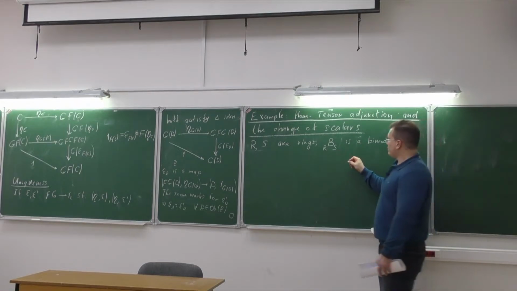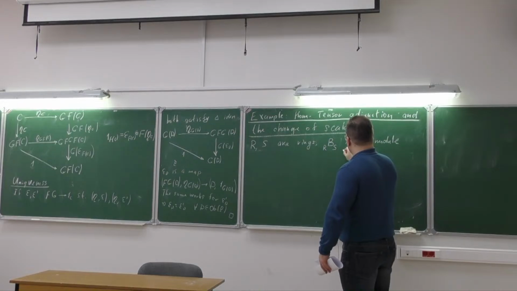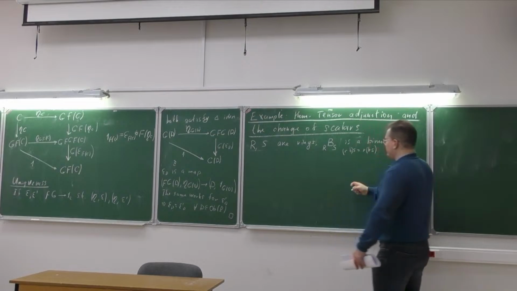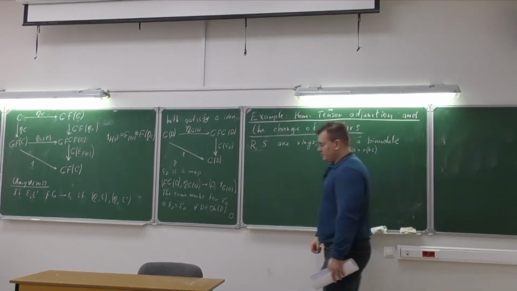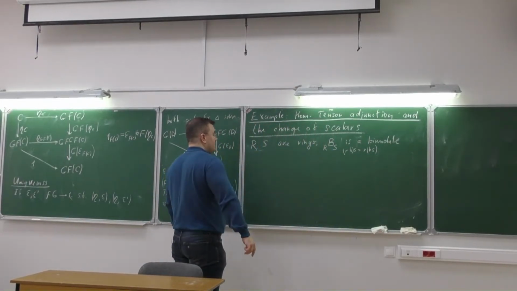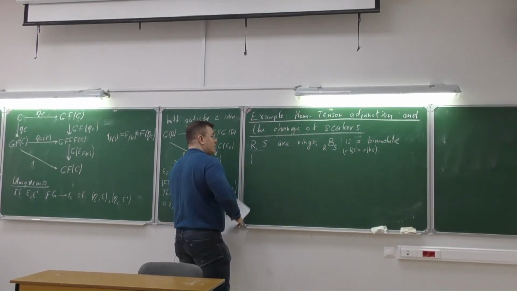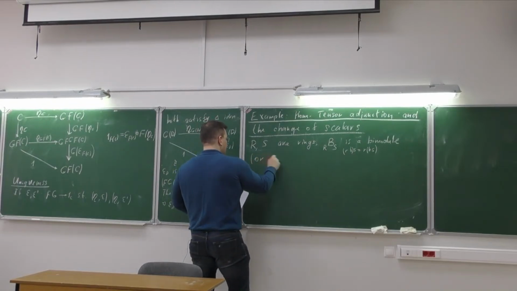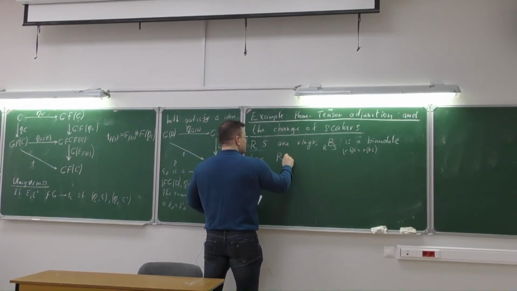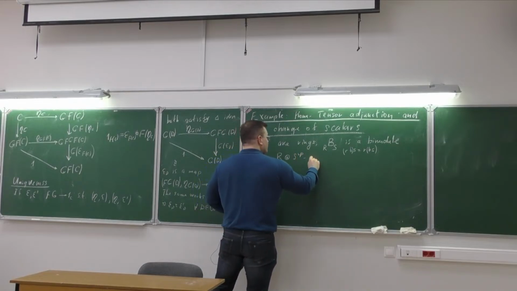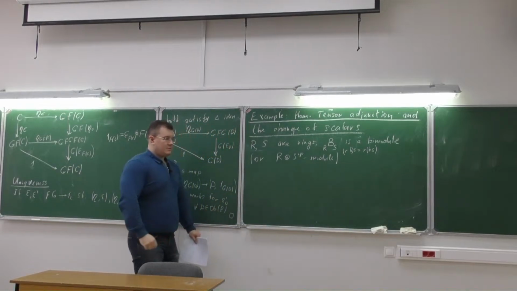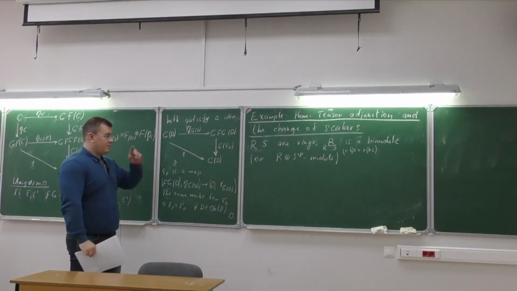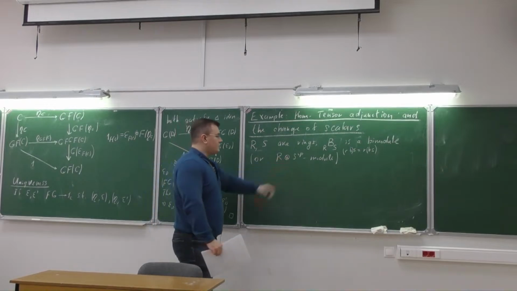If you have an expression like this, it doesn't matter how you put parentheses. You can put them around R and B or B and S. So that's a bimodule. And the equivalent way to say that this is a bimodule, a remark in parentheses, is a module over R tensor S opposite. That's precisely the same data. To have a bimodule is the same thing as to have a module over this tensor product of two associative rings.